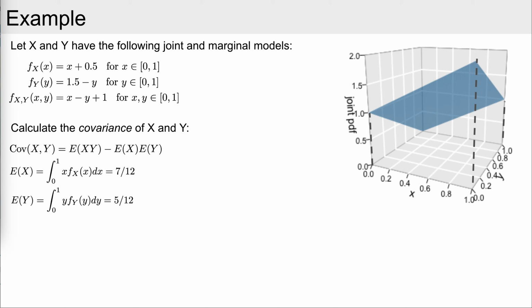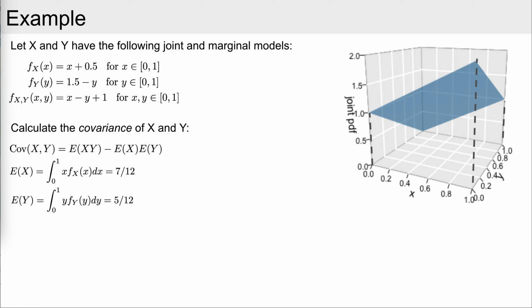To this end, the expected value of x is the weighted average of x with weights defined by the PDF of x, f of x. I encourage you to confirm that this weighted average comes out to 7/12. Similarly, the expected value of y is the weighted average of y with weights defined by the PDF of y, and this comes out to be 5/12.